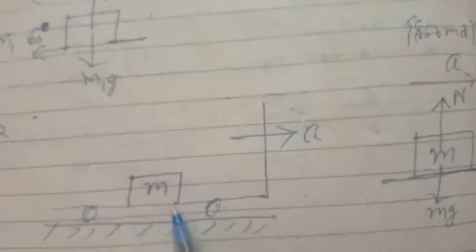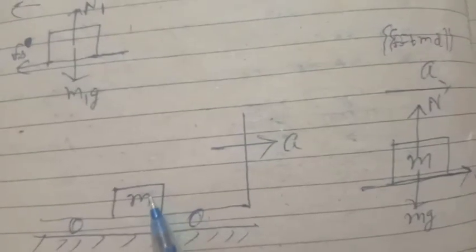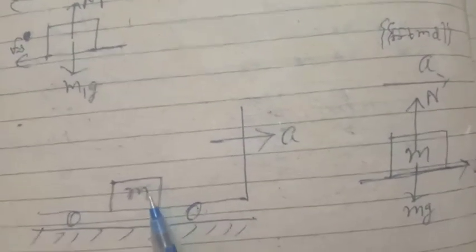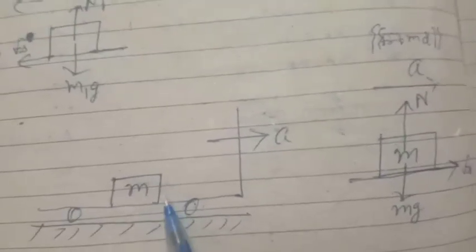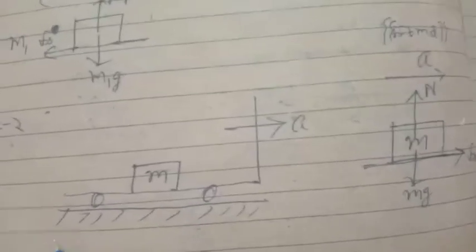Then the situation is like this. This surface is moving in this direction, so with respect to the surface of this body, the force on this surface will be in this direction.